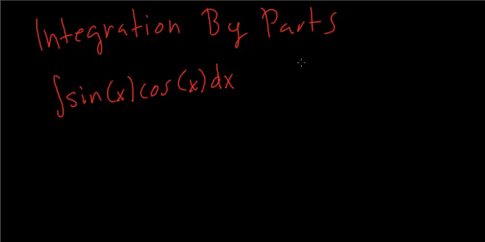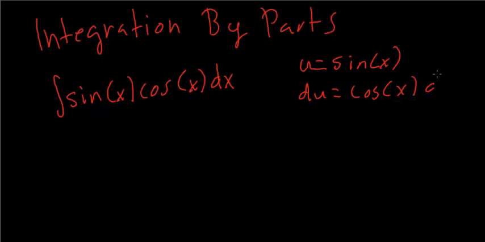We can let u be equal to sine of x and du be equal to cosine of x times dx. Therefore, if you divide both sides of this equation by dx, a small change in x, we get du, the derivative of u with respect to x, is equal to cosine of x.